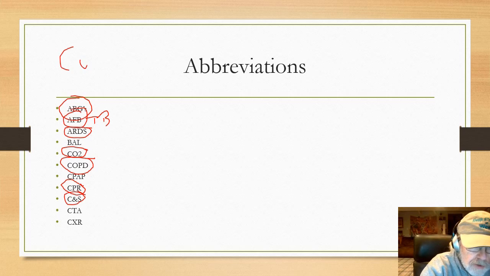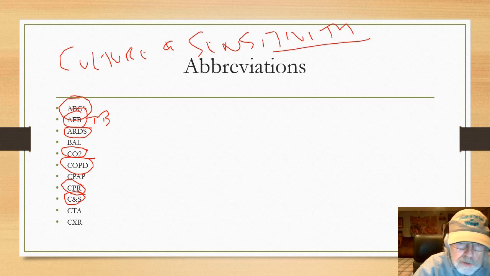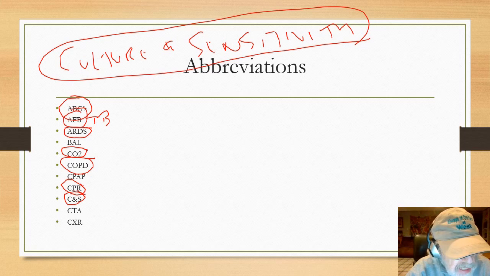CNS stands for culture and sensitivity, which means that if somebody has an infection, they take a little bit of the pus, put it on a plate and grow it to see what the bacteria is that's causing the infection.